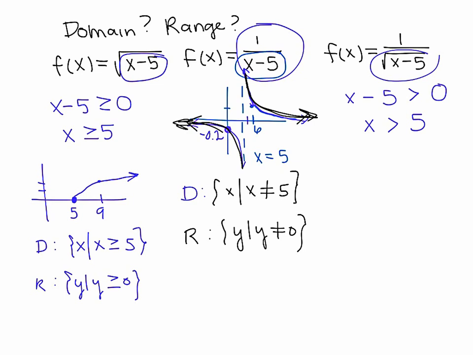When x is equal to 5, that's where it's undefined, so that's where my asymptote is going to be, x equals 5. Can I have values that are less than 5? For example, if x is equal to 4, you're going to get the square root of negative 1, which is a complex number, so it's not a real value. So everything on the left side of x equal to 5, the value does not exist.